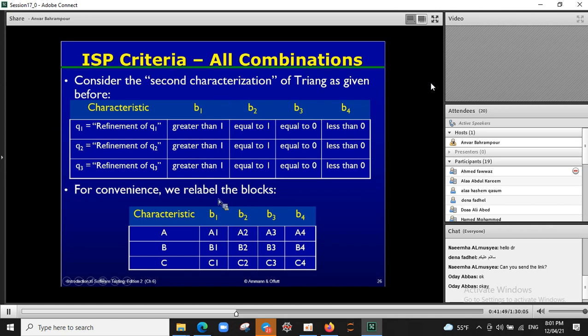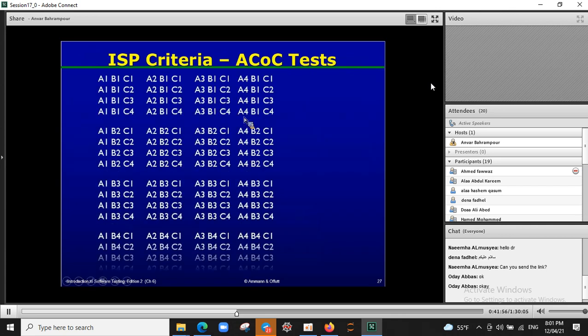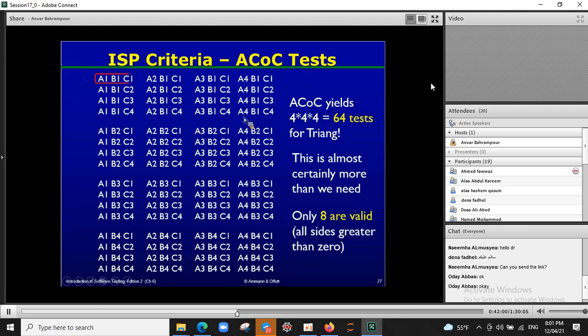So all of the combinations described in this column and in this column are invalid triangles.